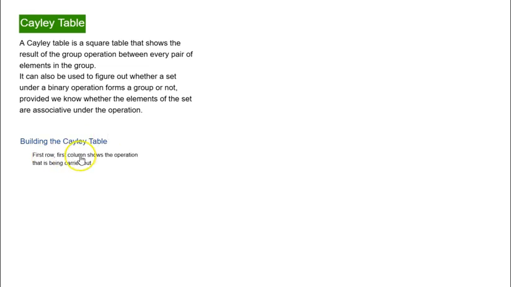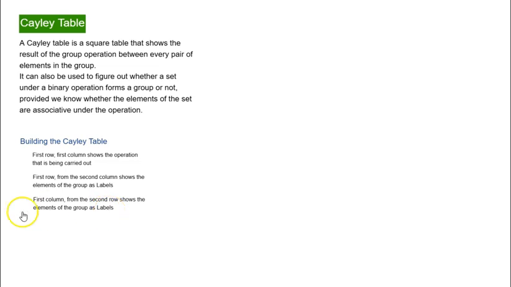The first row, first column shows the operation that is being carried out. The row from the second column shows the elements of the group as labels or column headers. The first column from the second row shows the elements of the group as labels or row headers.